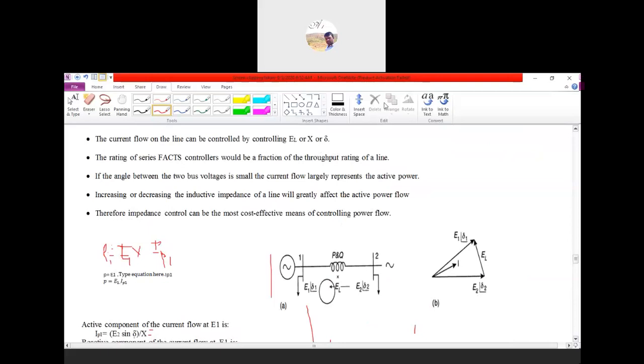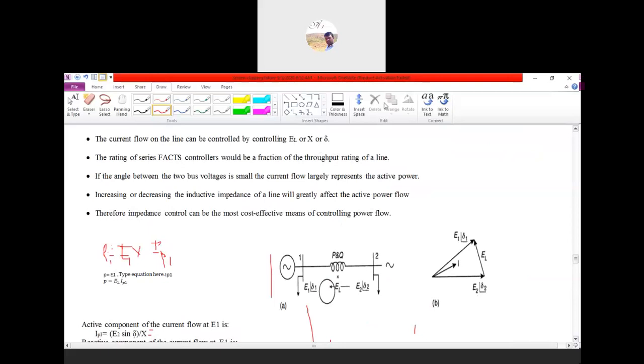Whatever current we inject in this transmission line by using the shunt injector, the initial current is I, and after injecting current it will be I2.